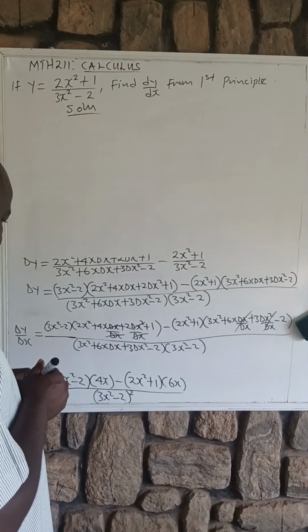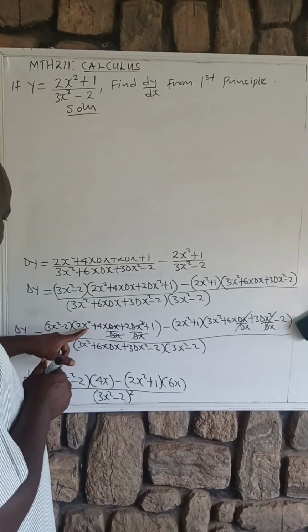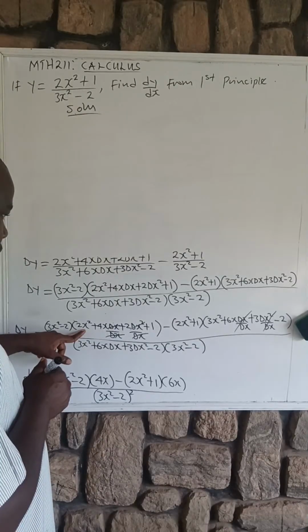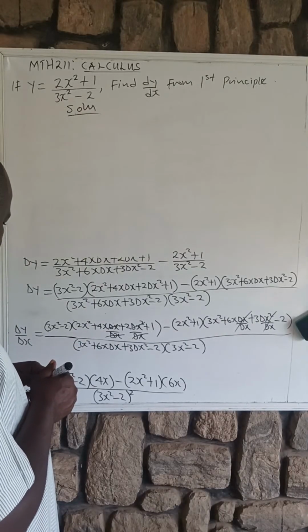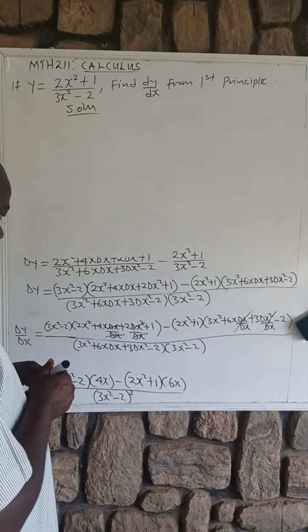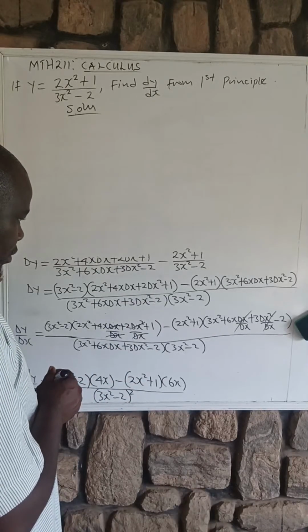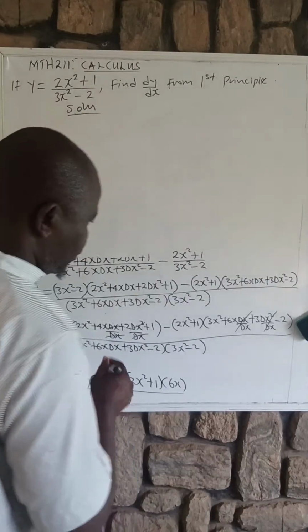We have 2x squared dx, oh, I think I want to make a mistake.